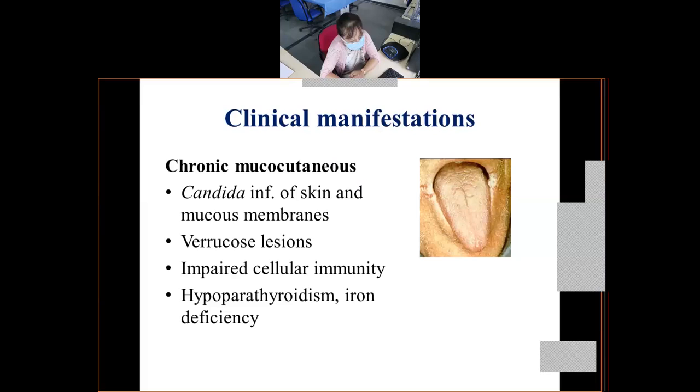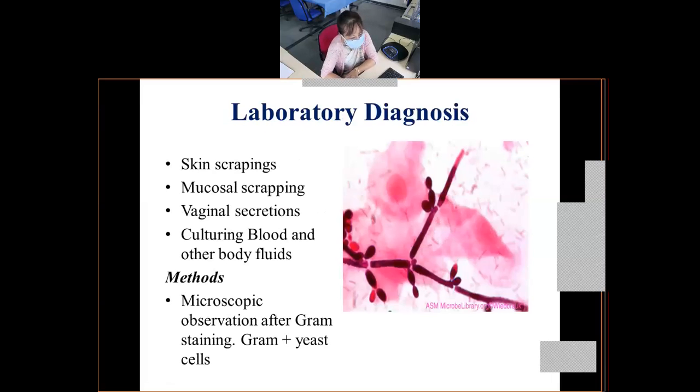Here again, it can affect individuals with impaired cellular immunity, and individuals who have hyperparathyroidism and iron deficiency anemia. So coming to the lab diagnosis, whatever the entity or the manifestation is, we have to diagnose the agent which causes the clinical manifestation.